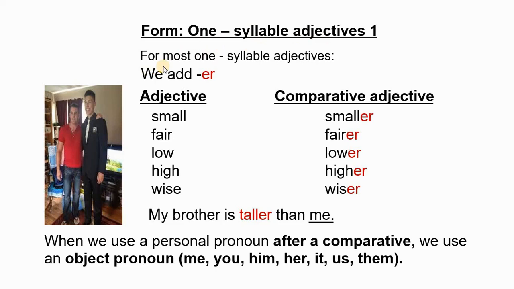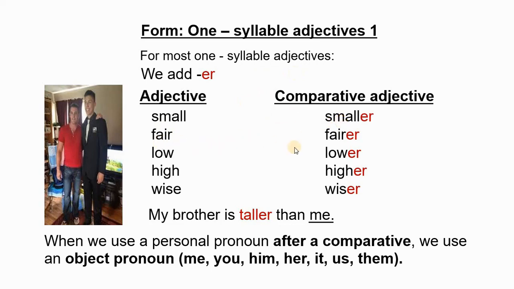So for most one syllable adjectives, what we're gonna do, we have to add the letters ER. So here, small becomes smaller. So small, we add the letters ER for most one syllable adjectives. So small, smaller.